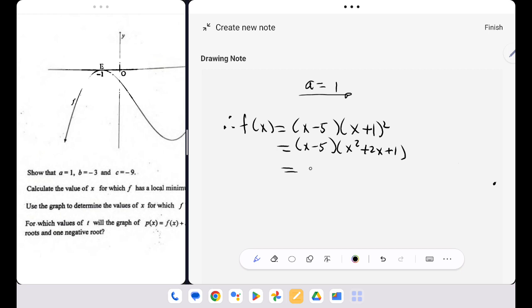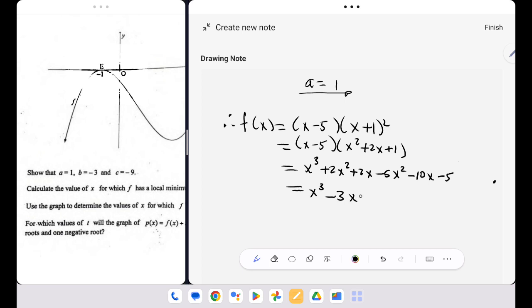So I'll have x cubed plus 2x squared plus x minus 5x squared minus 10x minus 5. So I'll have x cubed minus 3x squared, because a positive 2 and a negative 5 will give me a -3.